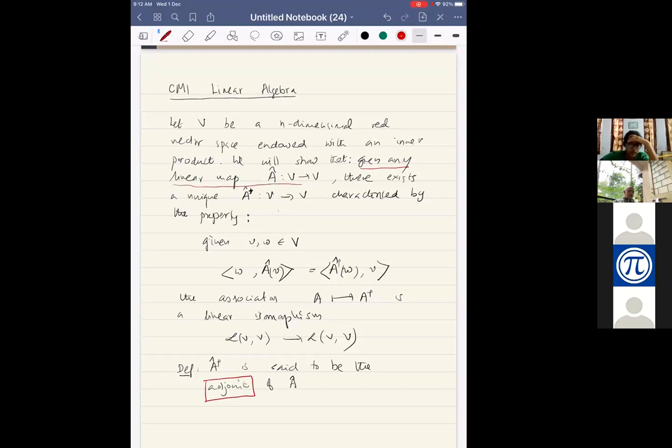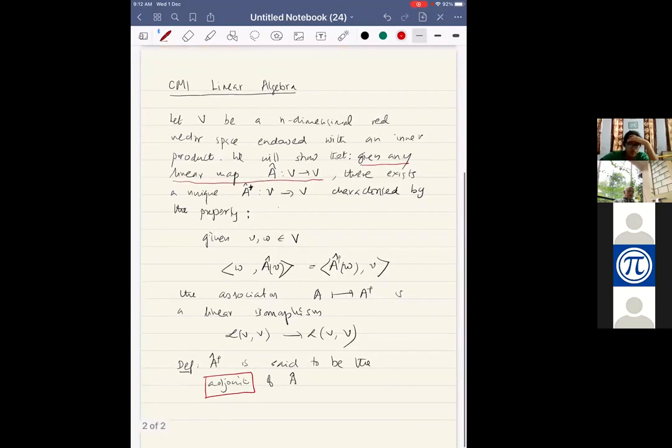Given any linear map A hat on V, there exists a unique linear map A hat dagger characterized by this property. For any pair of vectors V and W, the scalar product of W with A hat acting on V is equal to the scalar product of A hat dagger W with V.